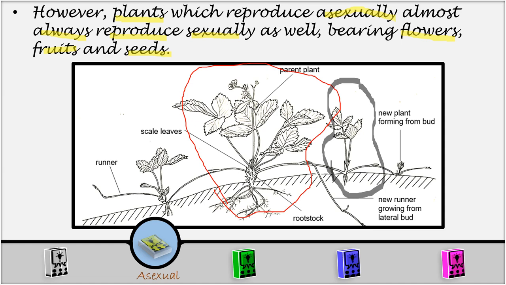So you find that now it is vegetative propagation. It has been got by coming from a stem or part of the plant, but not by use of gametes. So that's what we are saying, that some plants that reproduce asexually sometimes may also reproduce sexually by bearing flowers, fruits, and seeds.